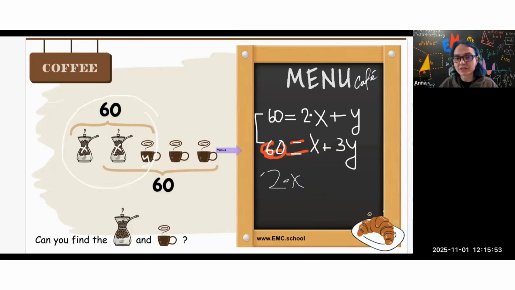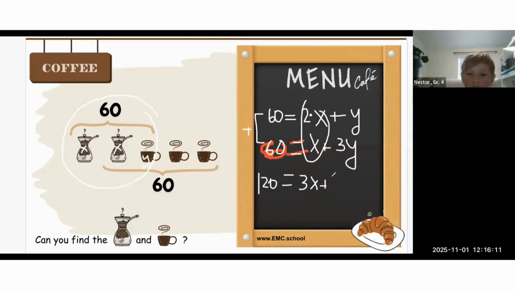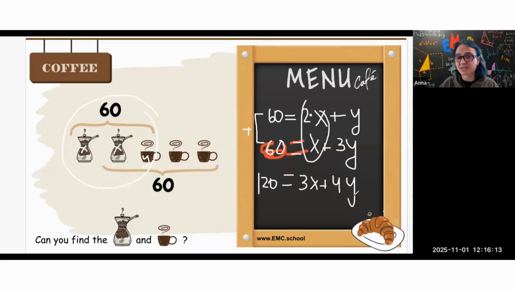If you add two 60s on this side, I will have 120, and then I will have how many x's? I'm adding, 3 x's, and then I will also have how many y's? 4 y's. It just creates another equation with two variables.